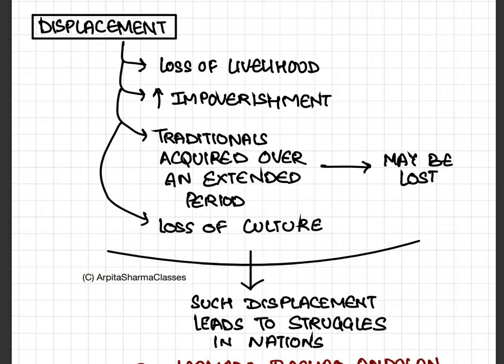And we know that displacement results in loss of livelihood and increased impoverishment among the people. The traditional skills that the people have who have lost their lands, they also lose, because they move to urban cities, and in the urban cities the tribal or traditional local skills are not used. They lose their culture also. And because of all these problems, these people start to struggle in the nations, right?